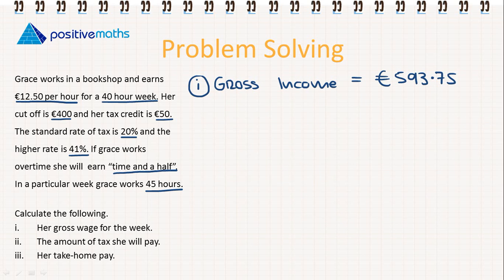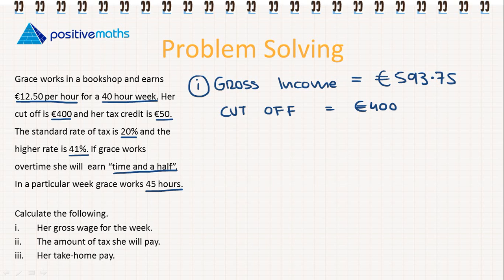Even though we don't have the table in this question, we're still going to keep it structured in the same way. Now we've identified that her gross income is €593.75. The next thing we have to do is calculate the amount of tax she will pay. Like before, we want to identify our cutoff.